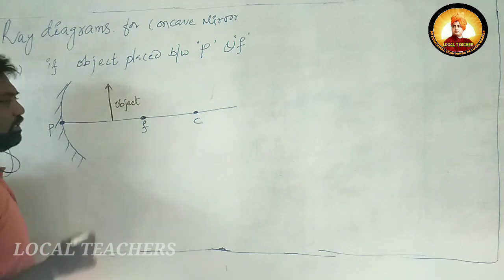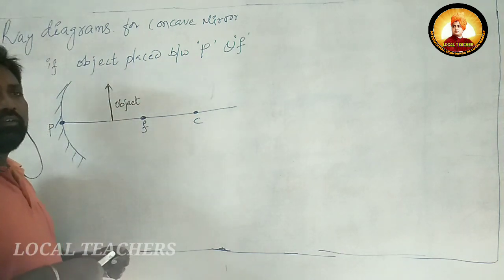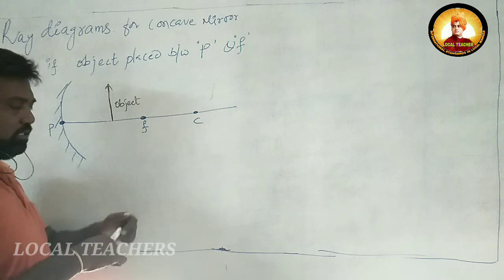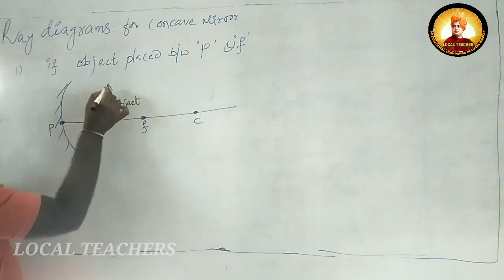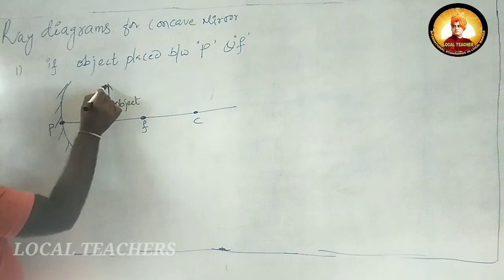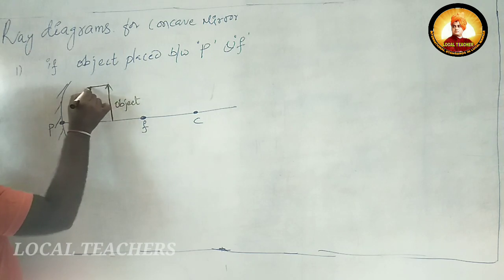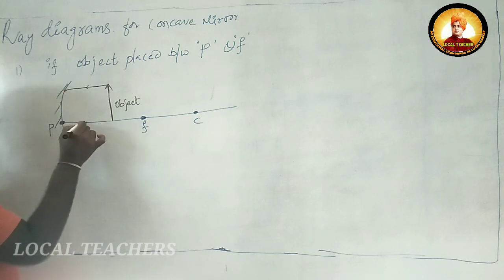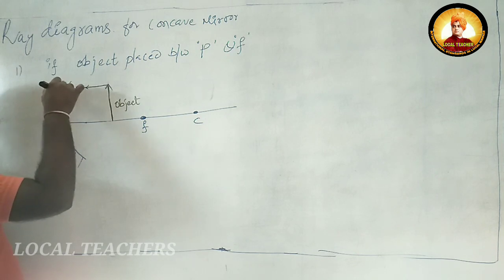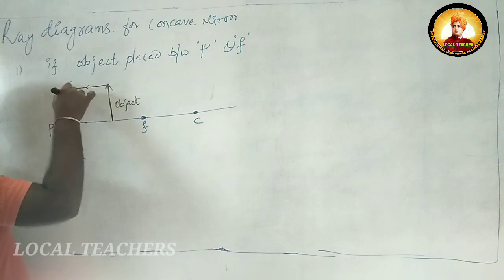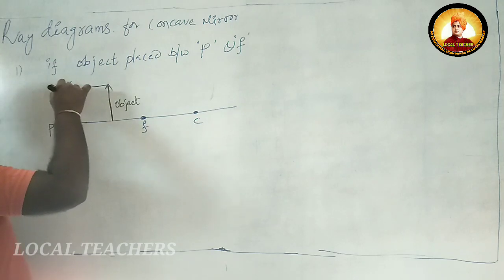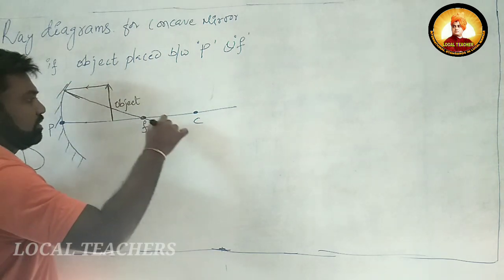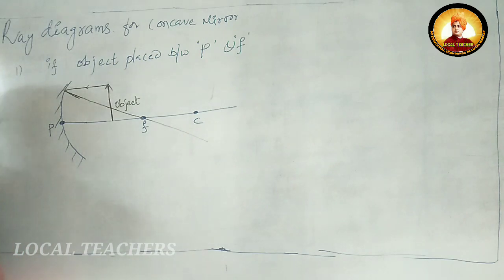While drawing ray diagrams, we have to remember 3 rules. From that, always consider the parallel ray from the top of the object, which travels parallel to the principal axis. After incidence, it will pass through the focus of the mirror.